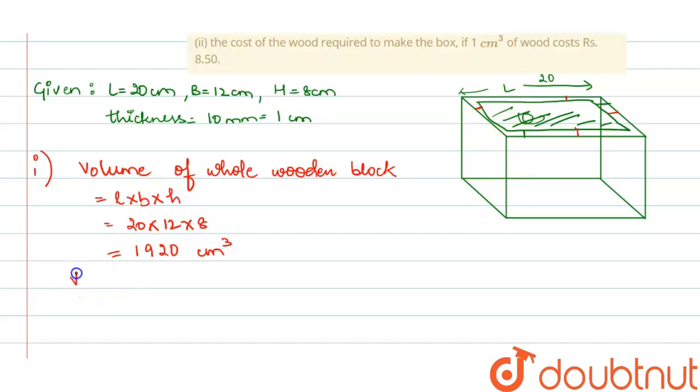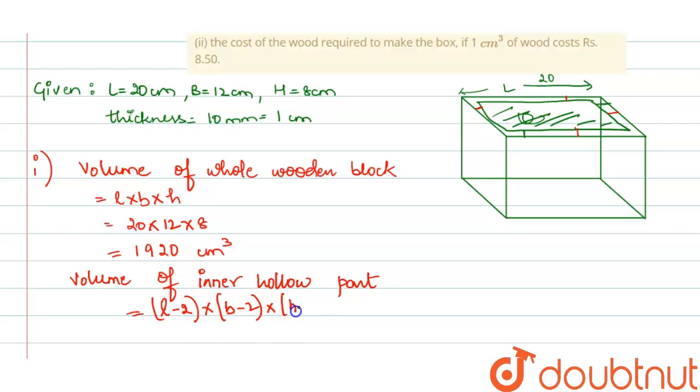To calculate the volume of the inner hollow part, we have to decrease the length by 2 centimeters, because the thickness is on both sides: 1 centimeter from here and 1 centimeter from the other side. So length minus 2 into breadth minus 2 into height minus 2.